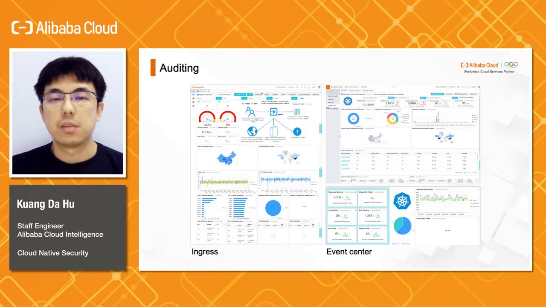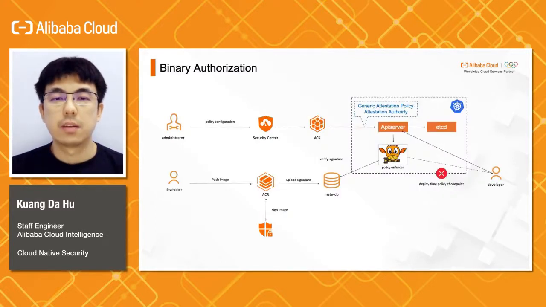In the audit log, it can help the administrator track operations performed by different users, which is an essential part of security maintenance operations. In Ingress traffic auditing, we can find the inbound and outbound traffic and the statistics of PV and UV. In Event Center, we can find the key events for cluster DevOps, like image pull failed, pod eviction and so on.